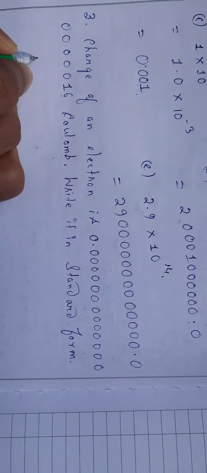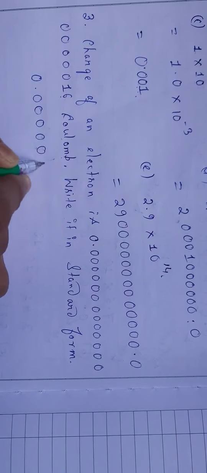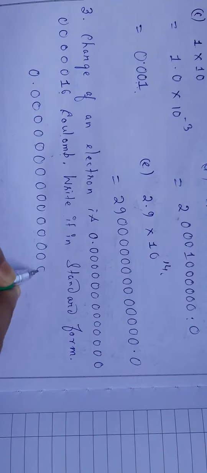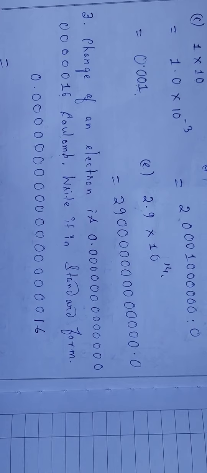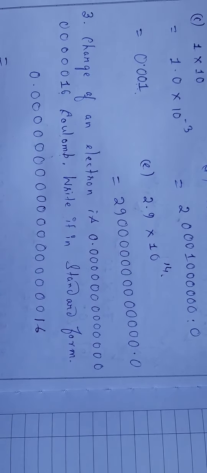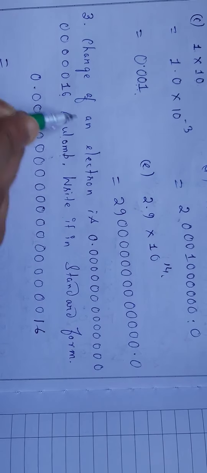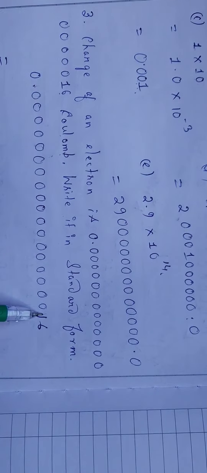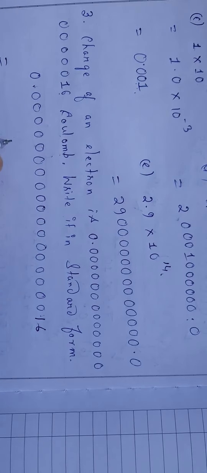So 1, 2, 3, 4, 5, 6, 7, 8, 9, 10, 11, 12, 13, 14, 15, 16, 17, 18, 1, 6. Now here, since I have to convert it into the standard form, we know that when the decimal point is shifted to the right hand side, the exponent of the power becomes negative.